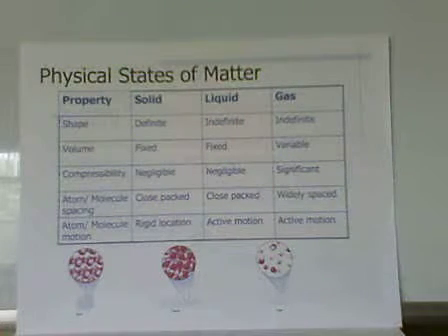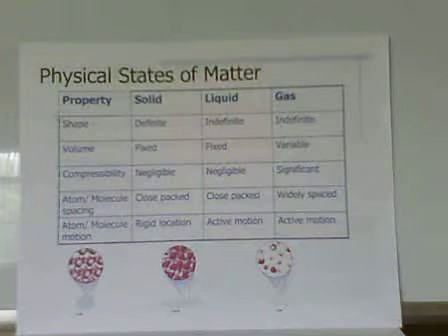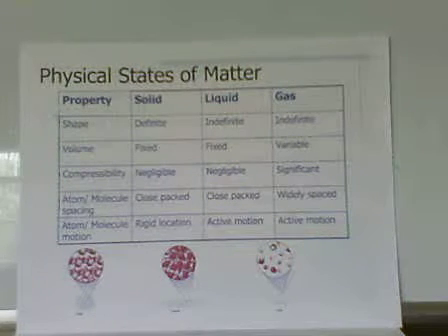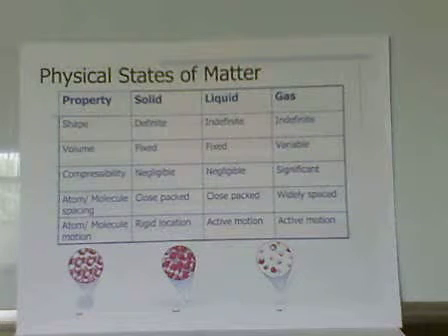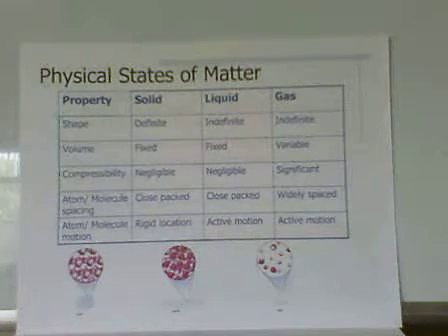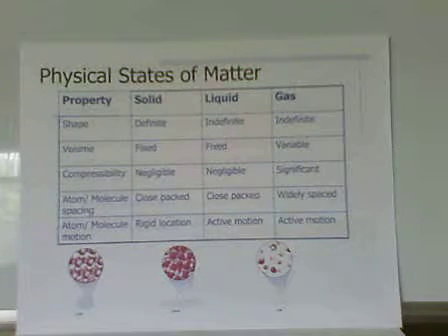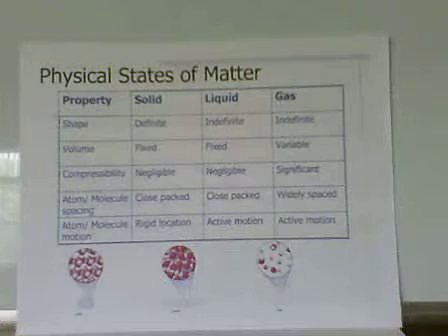These two physical states, solids and liquids, are condensed states. Gas has an indefinite shape, indefinite volume, and significant compressibility. These result because in a gas, the molecules are widely spaced. Gas consists of molecules surrounded by mostly empty space.